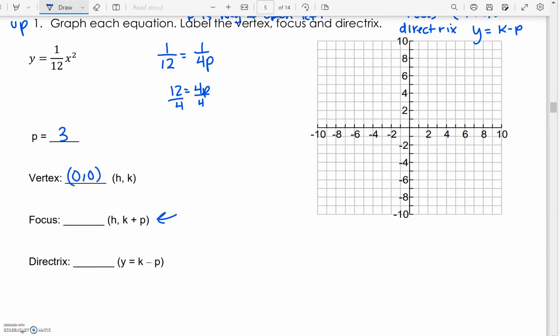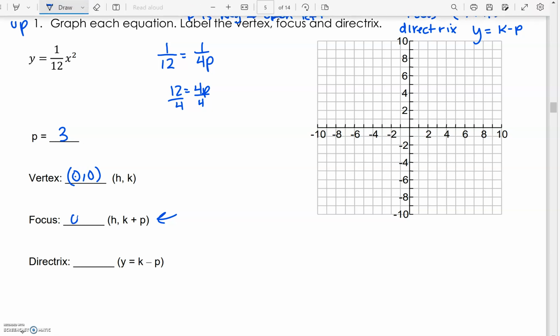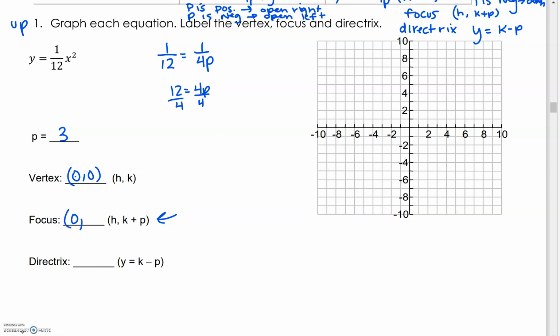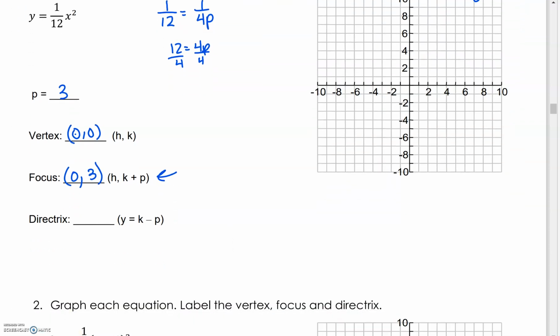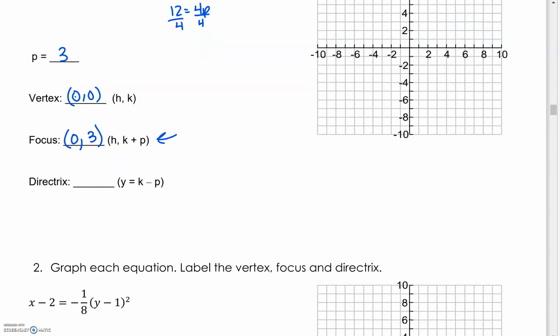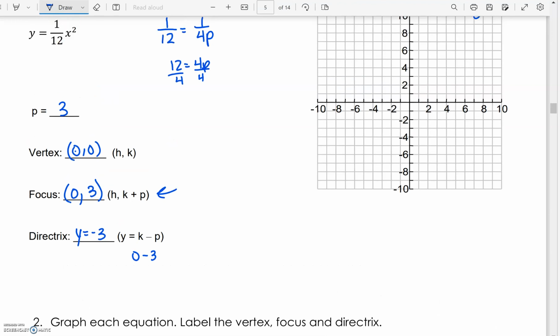So to find our focus, we are going to take the h and bring it down, and then add the p to this k, or this y value here, and that is going to give us (0, 3) for our focus. And then our directrix, we are going to take k minus p. So k, which was 0, minus your p, which was 3, we're going to get y equals negative 3. So let's go ahead and graph this.